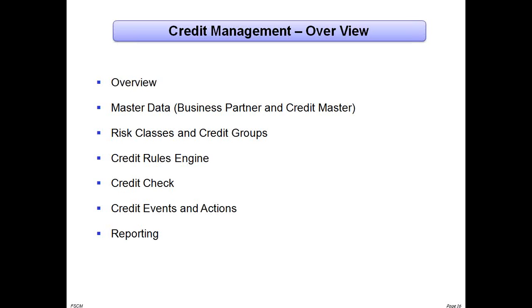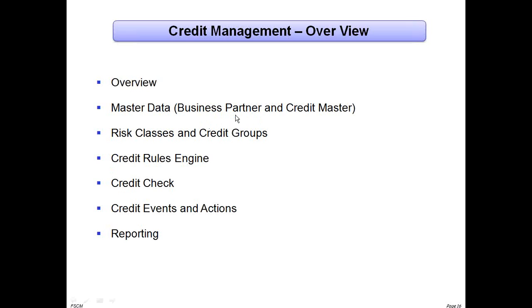We'll be discussing the entire overview of credit management, and the difference between the classic FI AR system, the classic FI credit management system, and the FSCM credit management system. If there is a difference, what is the difference and how you are going to utilize those additional features in the FSCM module. What is the master data that you are going to maintain?